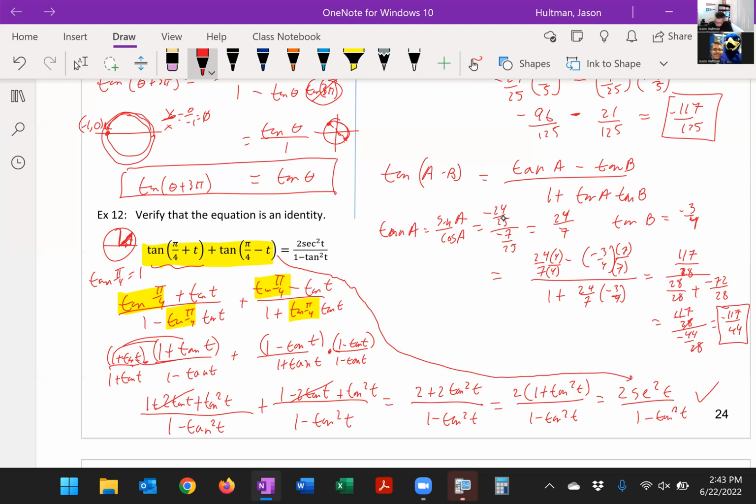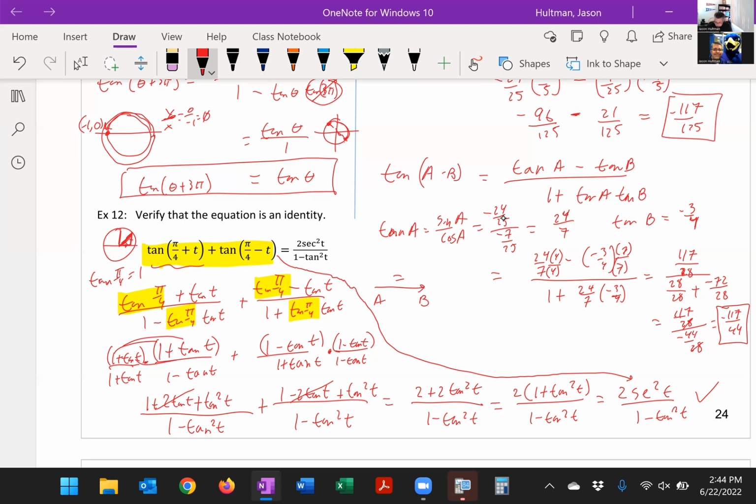We started with the left side and eventually we got to the right side. So those two are in fact equal. So I did verify that identity. I built a bridge basically from A to B. And so I know that A had to be equal to B.